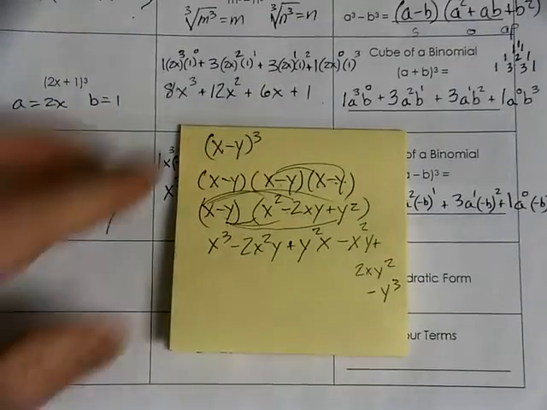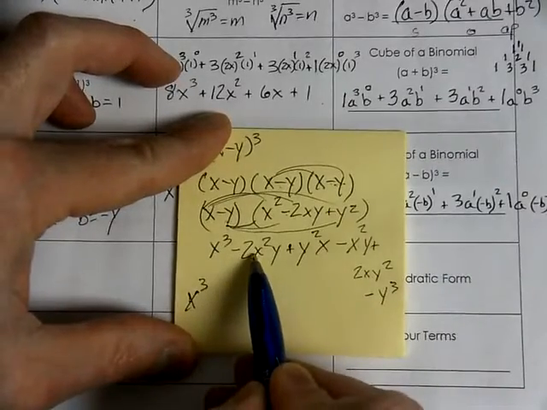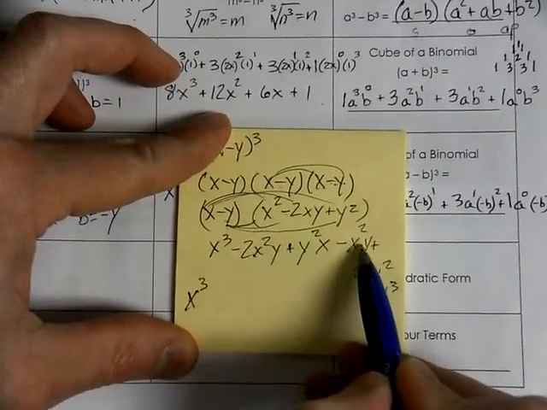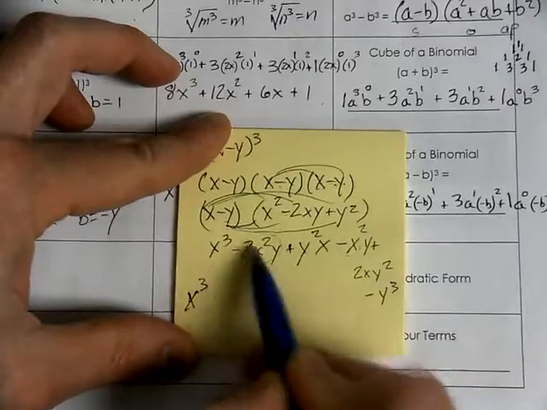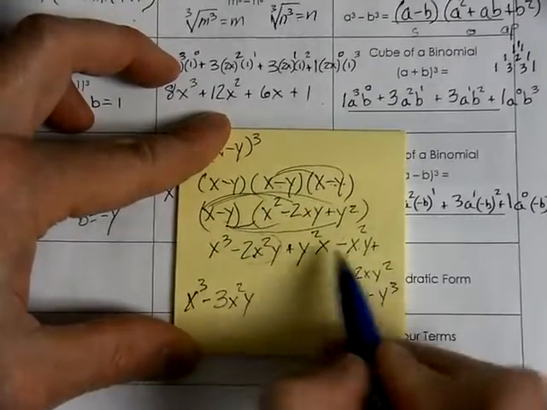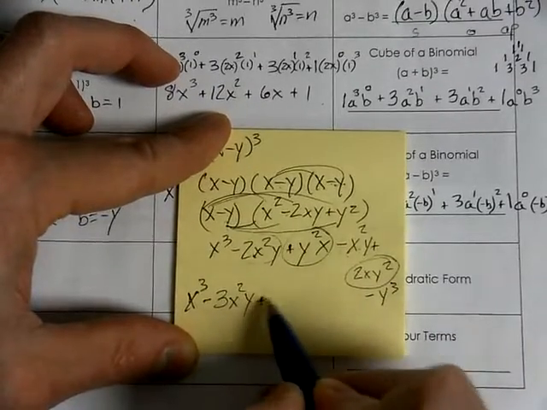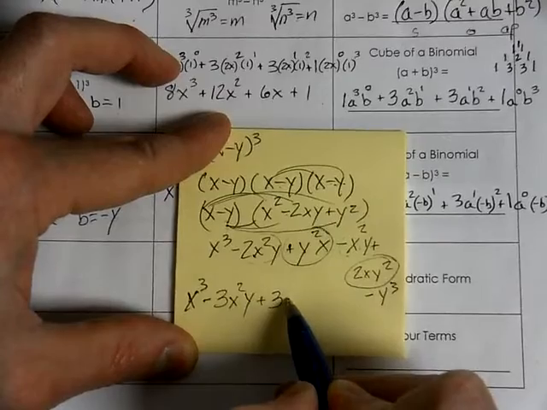Woo! So we have our x cubed. We have 2 of them here and 1 of them here. That's a total of 3 of them. We have 1 of them here and 2 of them here. That gives us 3 of them.